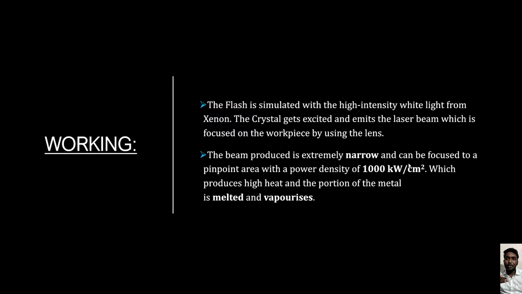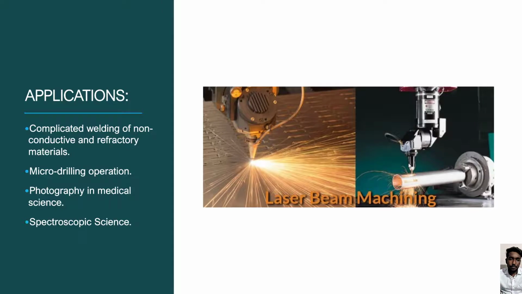The crystal is excited and the laser beam is emitted from the partially reflecting mirror and focused on the surface of the workpiece with the help of a lens. The beam produced is extremely narrow and pinpointed on a particular area, with a power density of 1000 kilowatt per square centimeter, which produces high heat and melts and then vaporizes the surface. Thus the required operation is carried out.